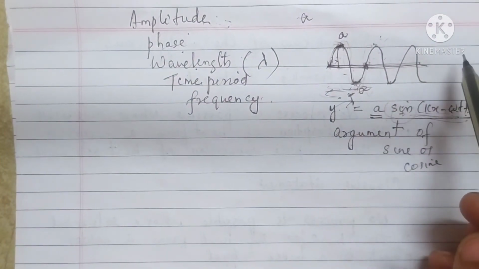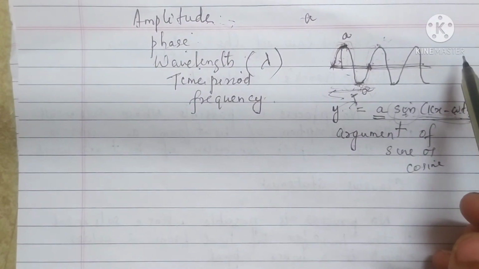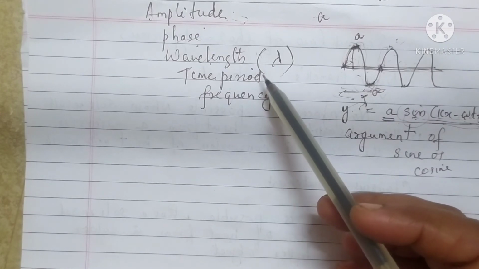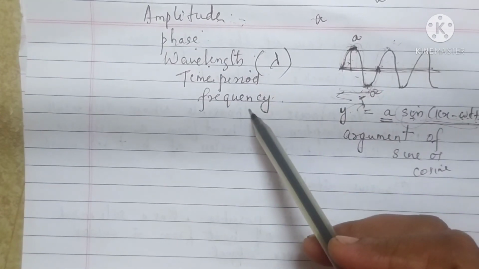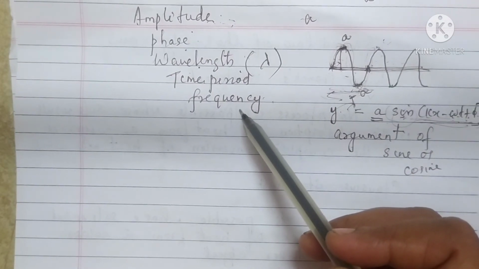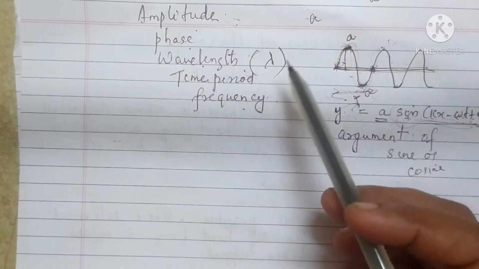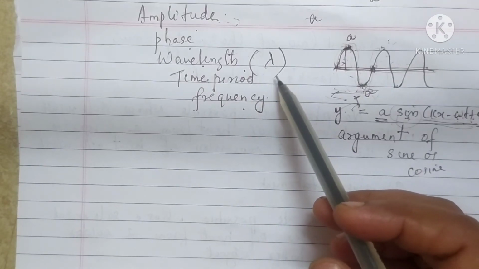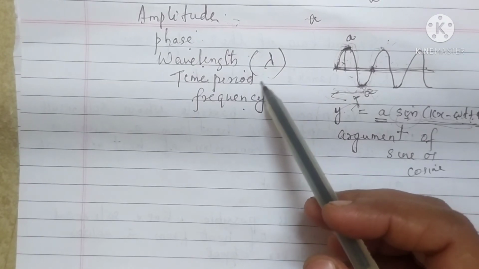That is also known as wavelength. Then next one is time period. Time period means the time taken to complete one vibration or one oscillation. Next is frequency. It is the number of complete vibrations or oscillations produced by the wave in 1 second. And frequency and time period are inverse. That means reciprocal of frequency is actually time period. Okay.